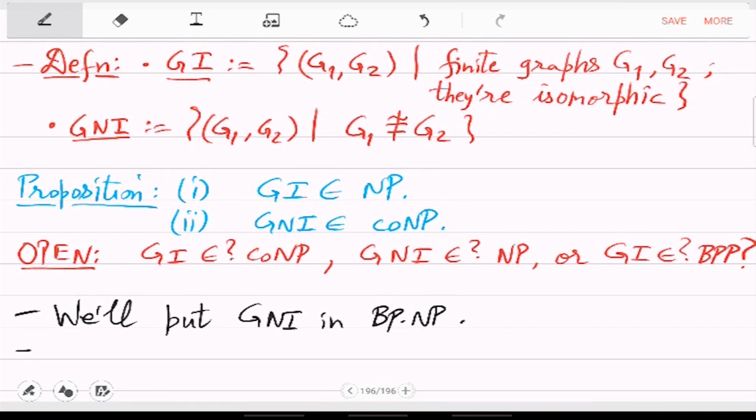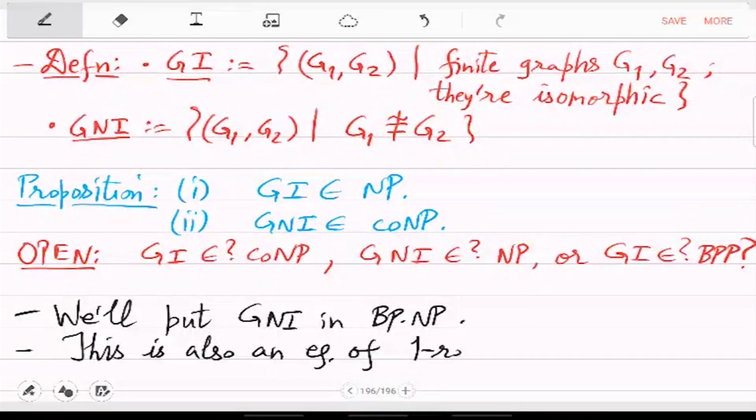This is also an example of what is called a one round Merlin-Arthur interactive protocol.